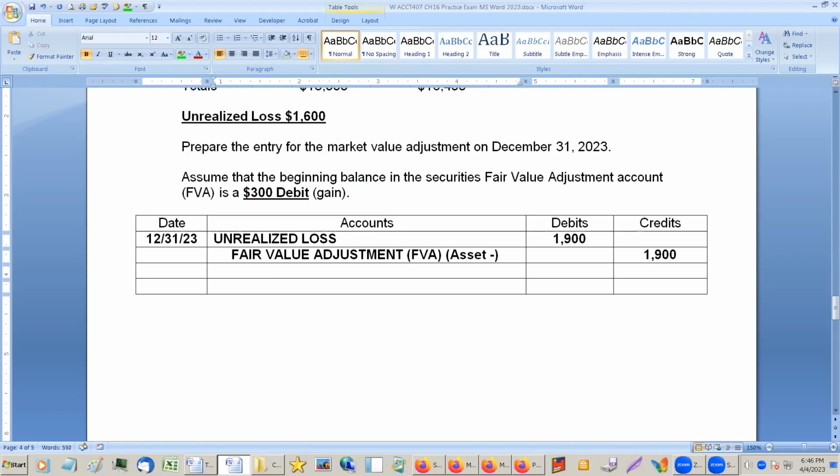So we lost a $300 gain, and then we lost another 1,600 on top of that.